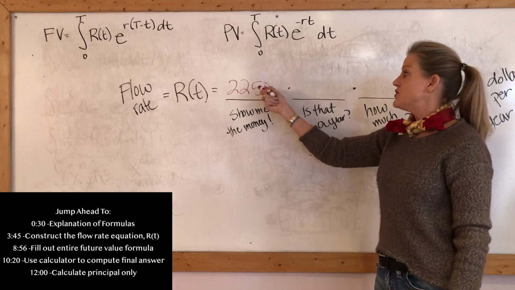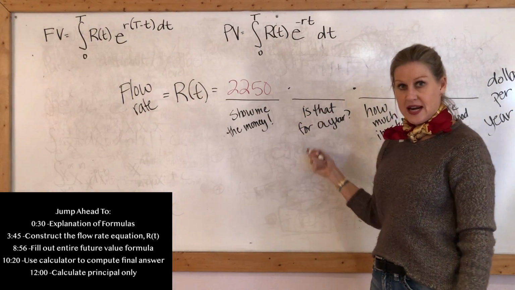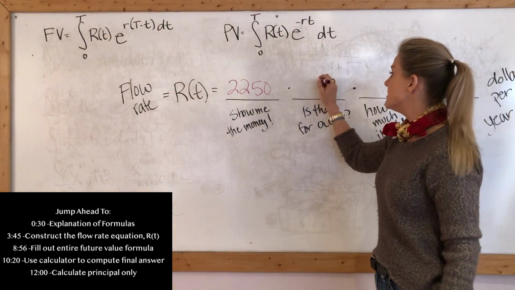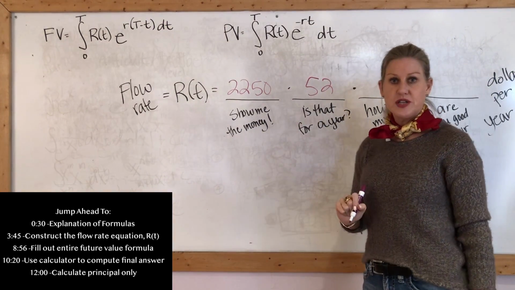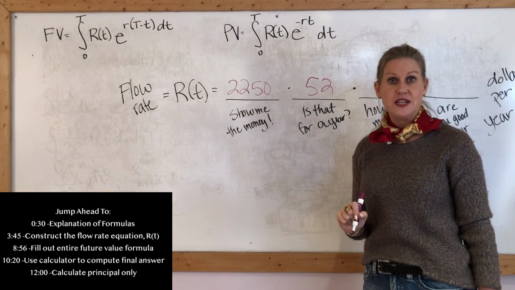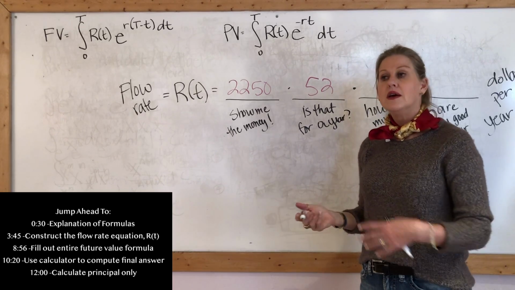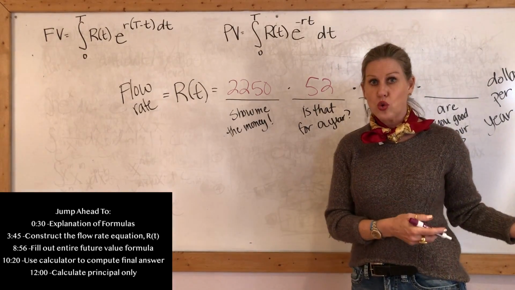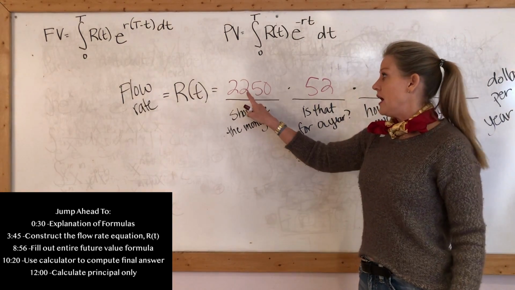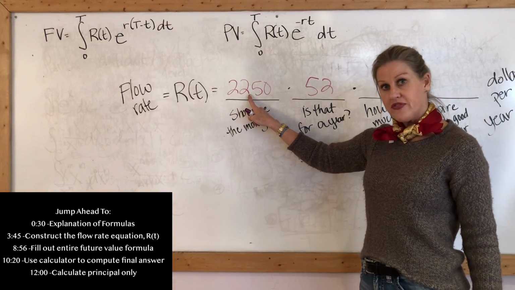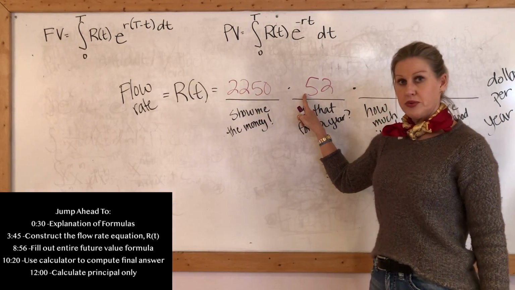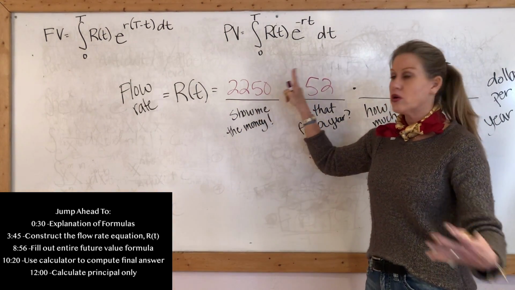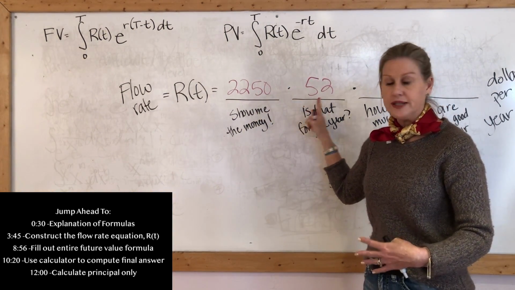So we have to convert that to an annual amount. Well, it's very simple. There's 52 weeks in a year. So I'm just going to do 2250 times 52. If this was a major corporation investing last quarter's profits, I would put the dollar amount of their profit, and then I would multiply by 4, because that would represent quarterly converted to annually.